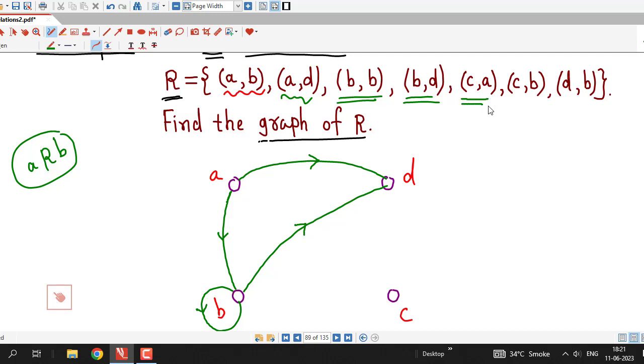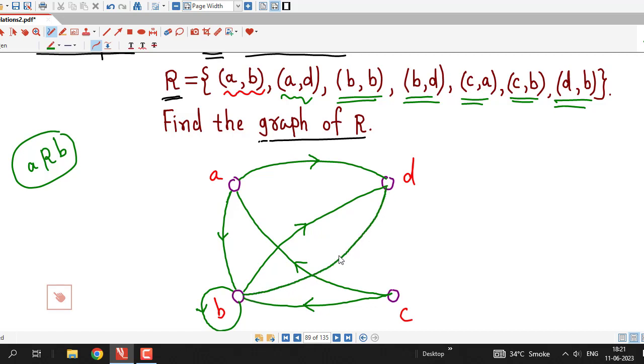Then ordered pair C, A, that is C is related to A, that means we have to draw an arc from C to A. Then C to B, so I have to join these 2 vertices C to B, and the arrow is towards B. Then D to B, so that means I have to join D and B again.